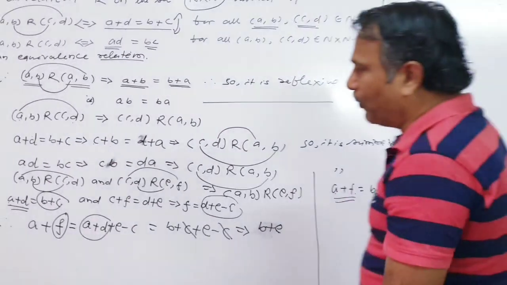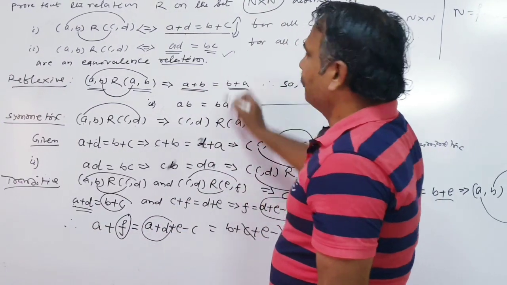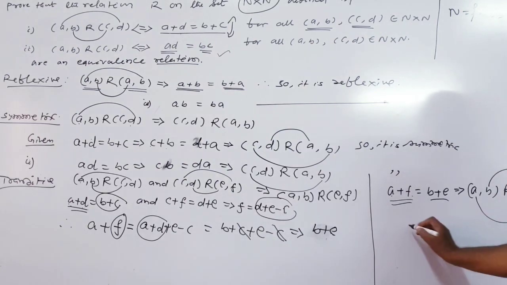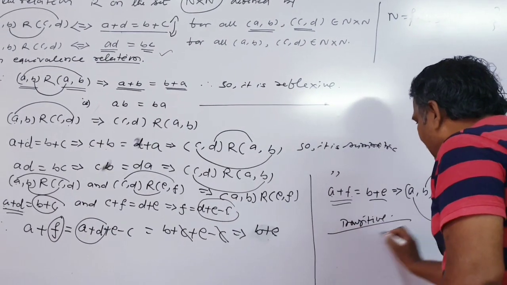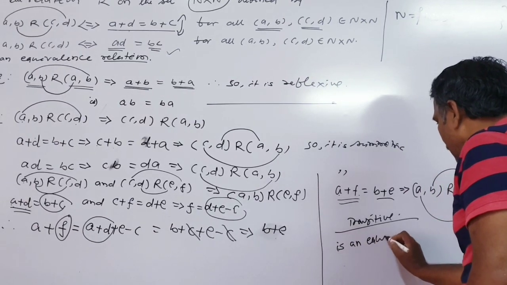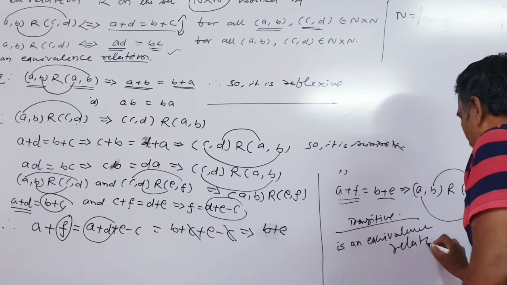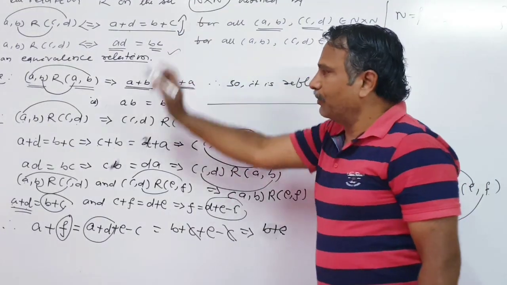So instead of addition, if you take multiplication, we get this one. Okay. So the given relation is transitive, yes or no? So the given relation is an equivalence relation. Okay. The first two examples are over.